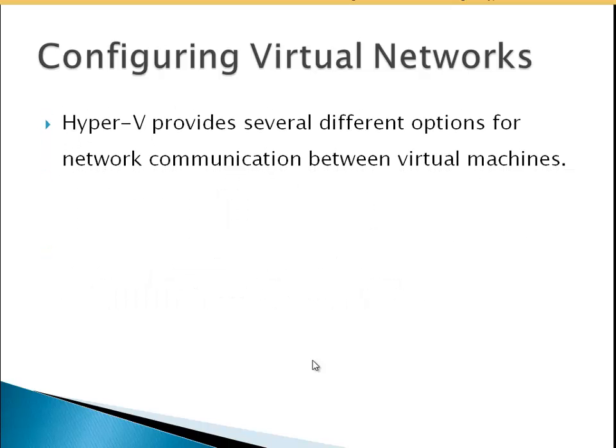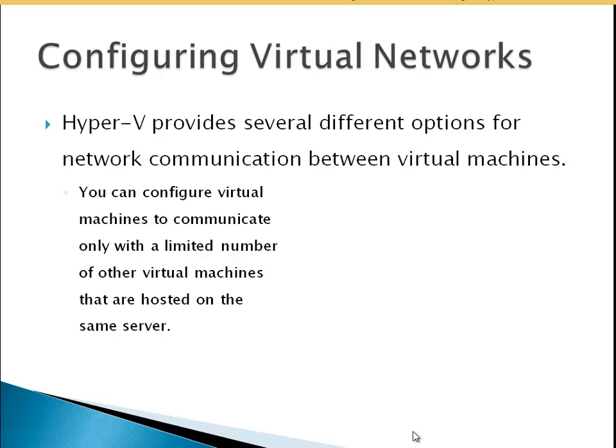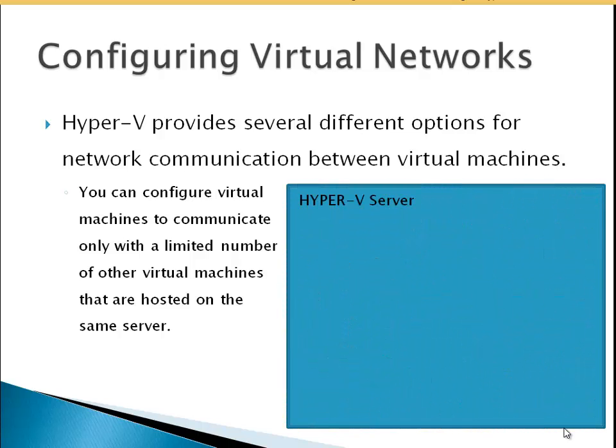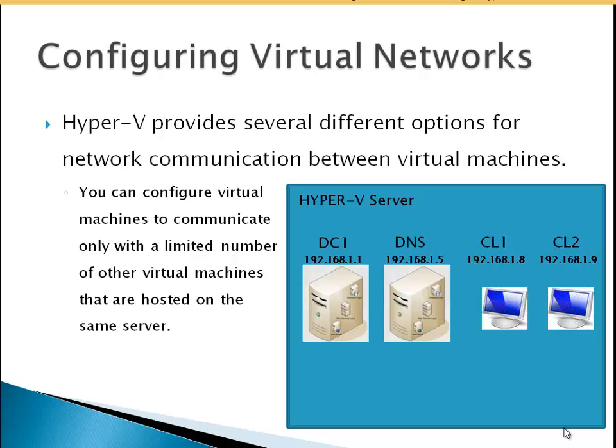Configuring virtual networks: Hyper-V provides several different options for network communication between virtual switches. You can configure virtual machines to communicate only with a limited number of other virtual machines that are hosted on the same server. For example, here we have a Hyper-V server, and in that server we have installed domain controller 1 with IP address 192.168.1.1, DNS with 192.168.1.5, and then two client machines, .8 and .9 at the end.